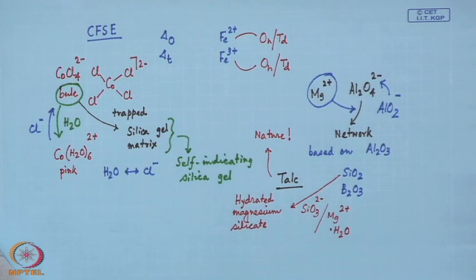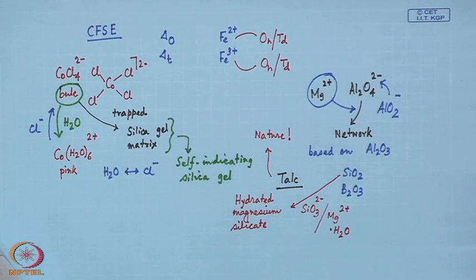So, we write this in this fashion: M2, the bivalent ions in tet sites, that means the tetrahedral sites, and the corresponding trivalent ions, that means M3, here also M3, in octahedral sites.